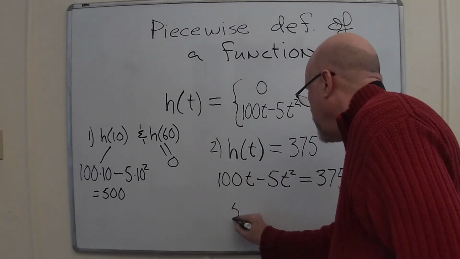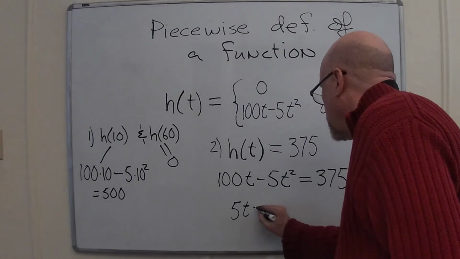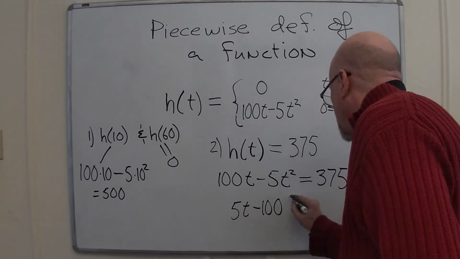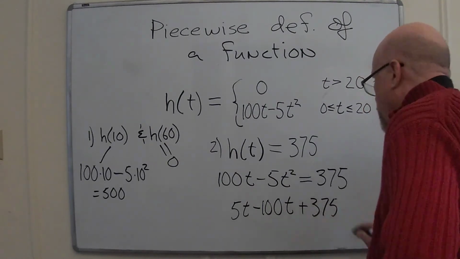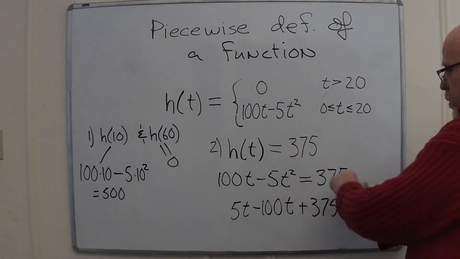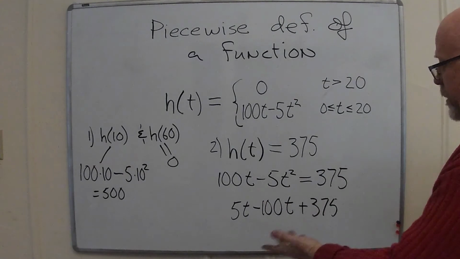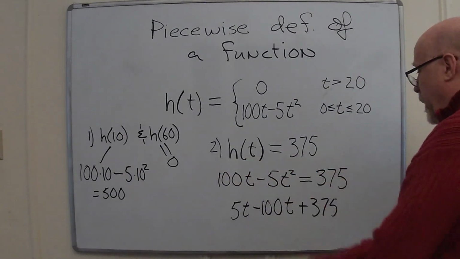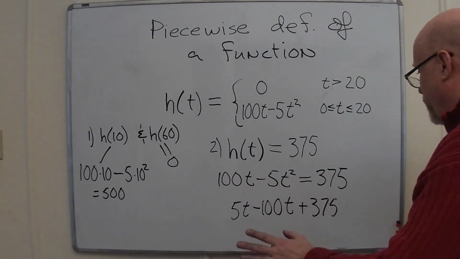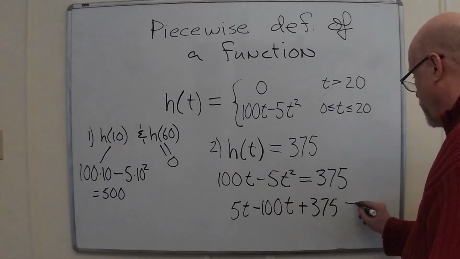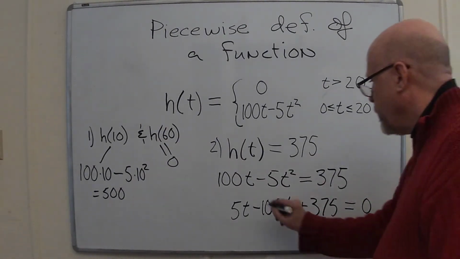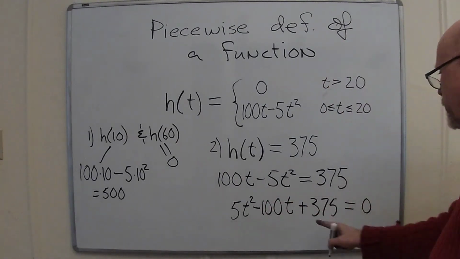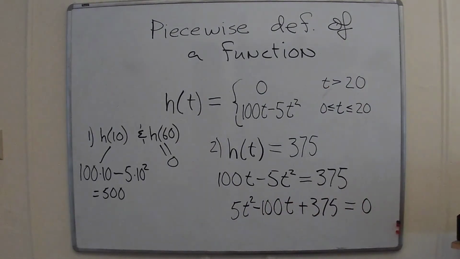I'll end up with 5t squared minus 100t plus 375 on the right, and nothing left on the left, which is 0. I just prefer to write that on the left-hand side rather than the right. So, 5t squared minus 100t plus 375 equals 0.